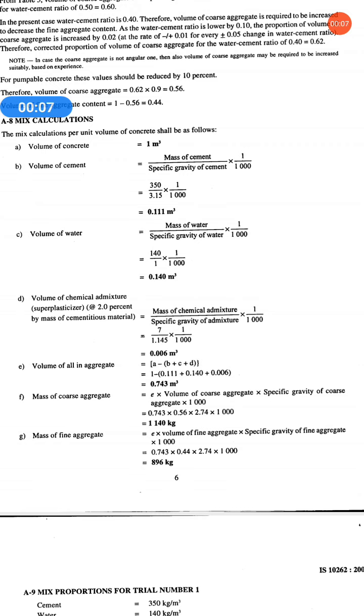Specific gravity of all will be mentioned in the question. Then again write volume of water, then volume of chemical admixture.